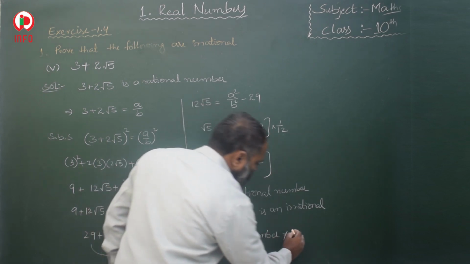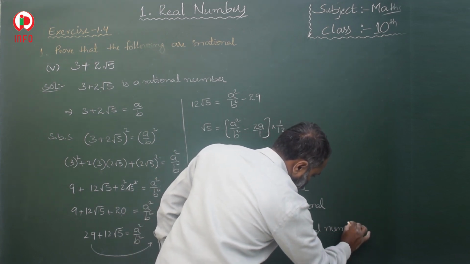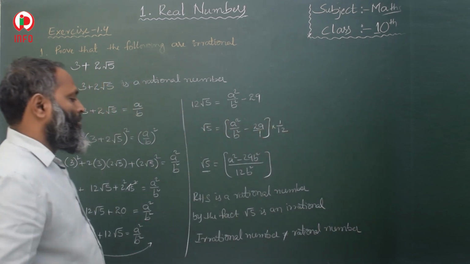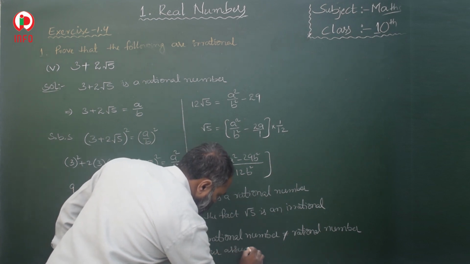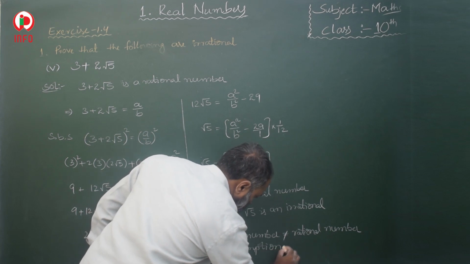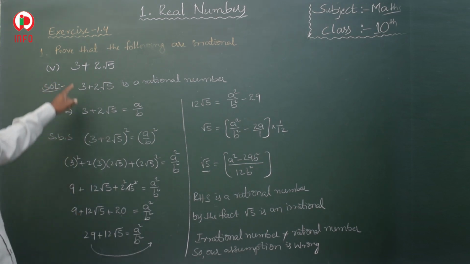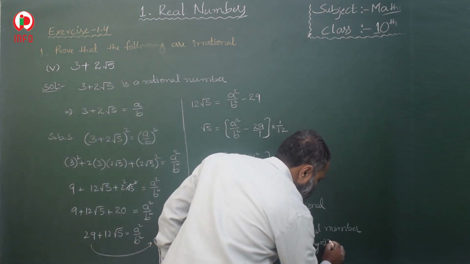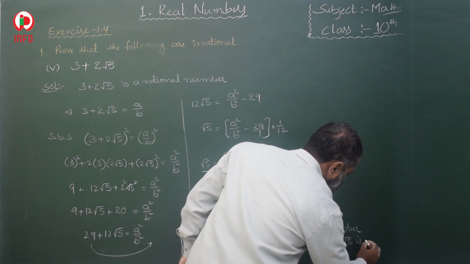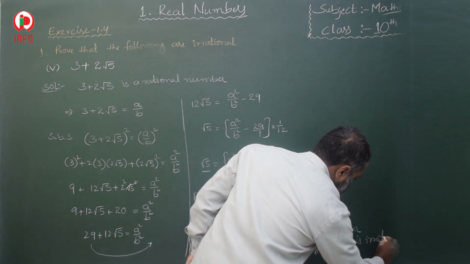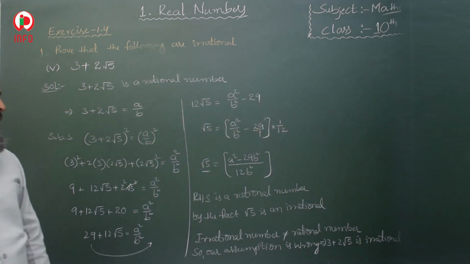Our assumption is wrong. That is why 3 plus 2 root 5 is not a rational number. That implies 3 plus 2 root 5 is an irrational number.